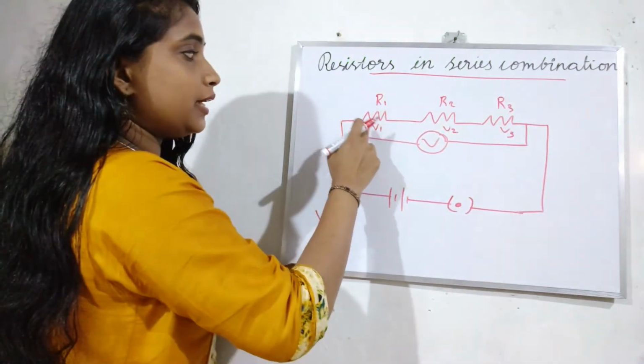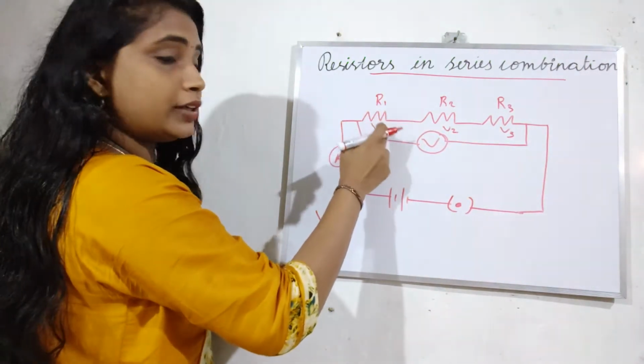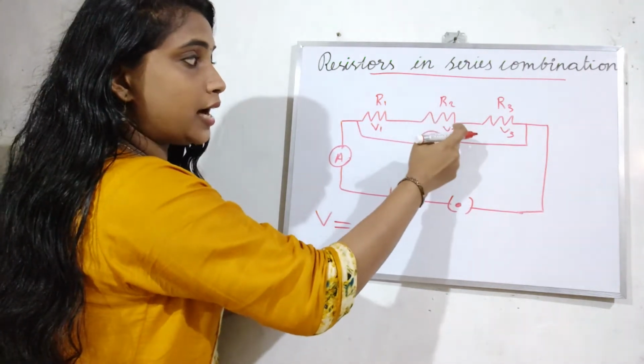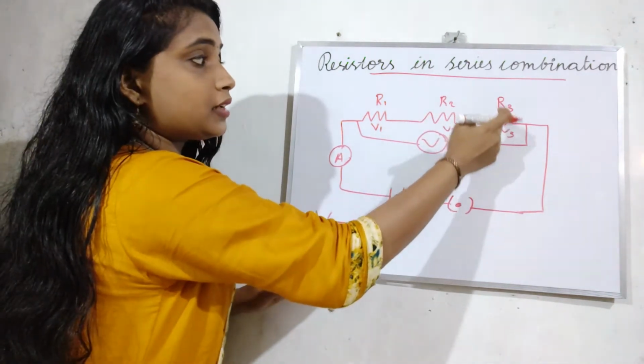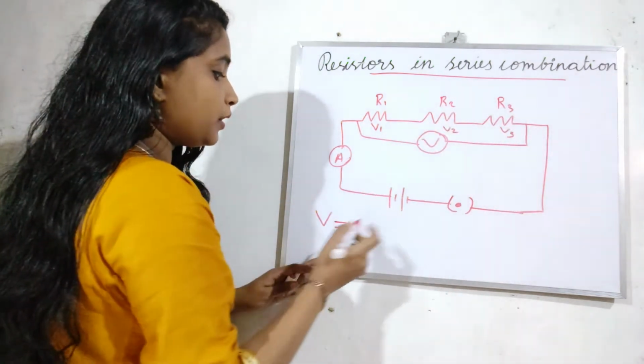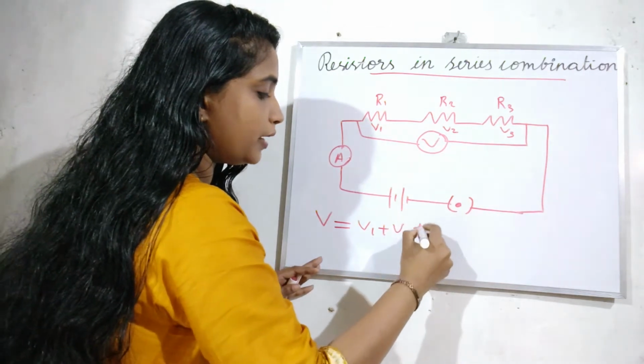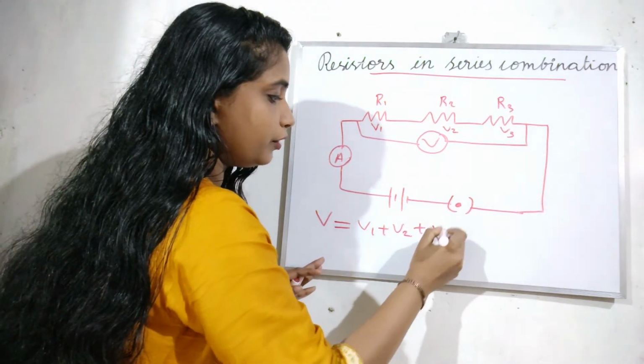Let V1 be the voltage across the resistor R1, V2 be the voltage across the resistor R2 and V3 be the voltage across the resistor R3. Then V is equal to V1 plus V2 plus V3.